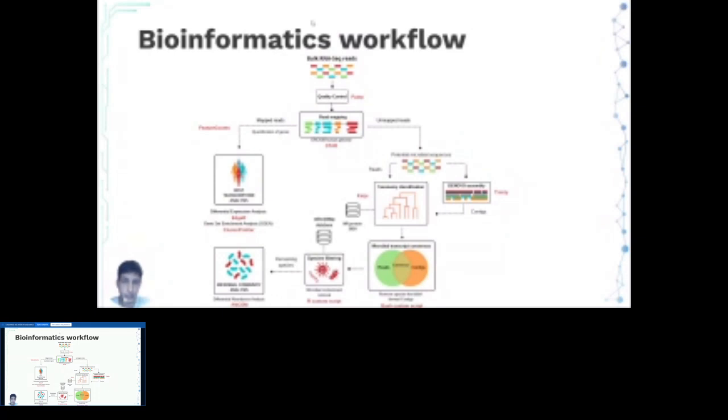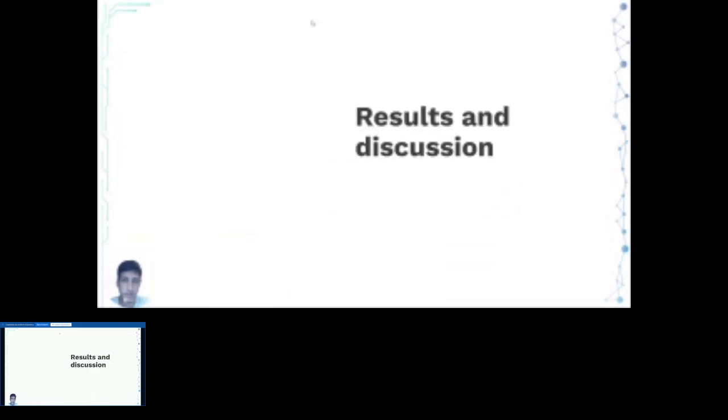And after this step, the remaining species we used as a new layer of information, combining this with the host transcriptome to try to understand the related host-microbe interactions that can be associated with these data sets.